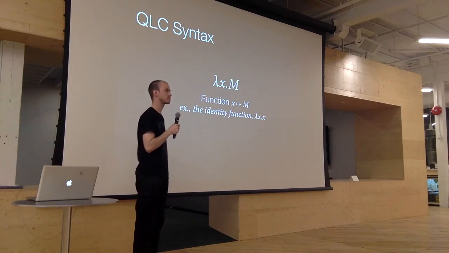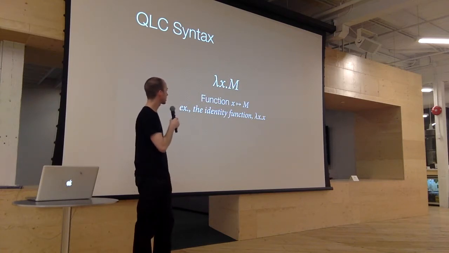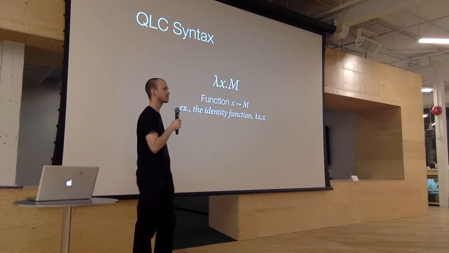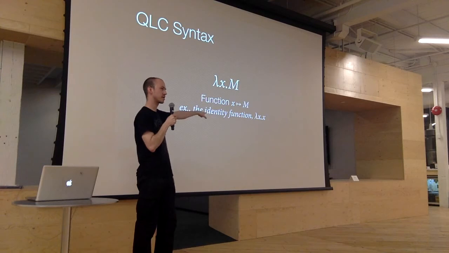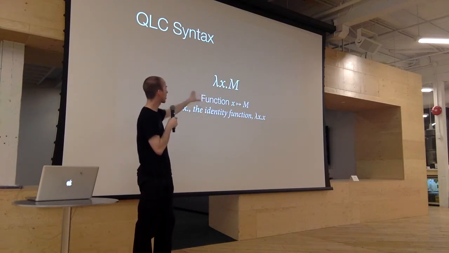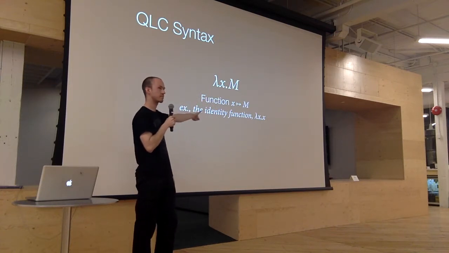So for that example, the identity function, the lambda x is saying, give me an anonymous function that takes a parameter x, and then the body of that function is going to be returning the value of x. Does that make sense to you? That's for the identity function. Exactly, so m is the body, and for the identity function, it just returns itself.